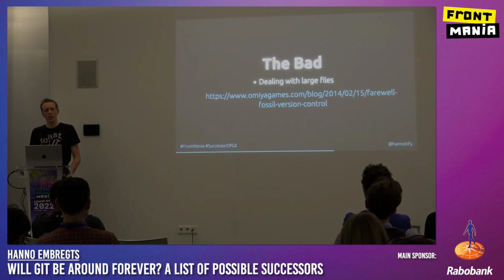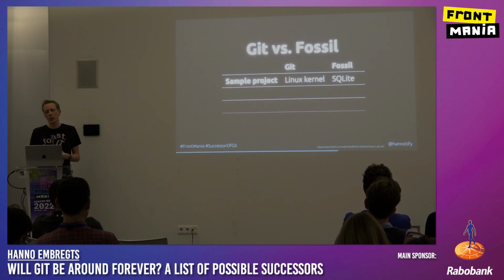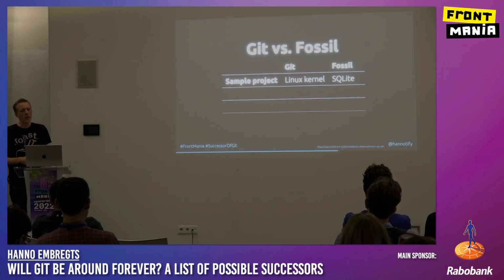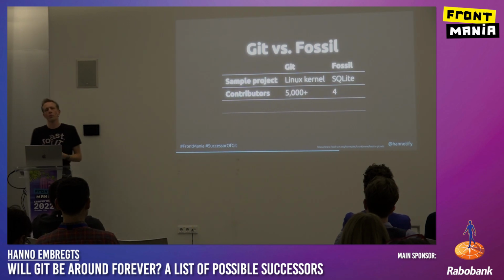So if we would put these 2 version control systems against each other and think about what is the right tool for the job, well, the sample project for Git is the Linux kernel, globally developed, worldwide, contributors everywhere, whereas the Fossil team consists of only 4 people.